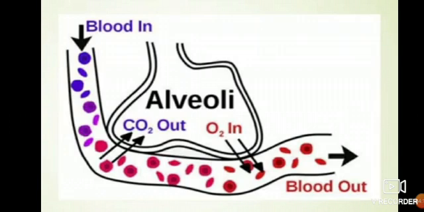Can you see the red color? O2 in. So this oxygen is being given out to the blood vessels through alveoli, and these blood vessels carry the oxygen with the help of blood to all parts of the body.